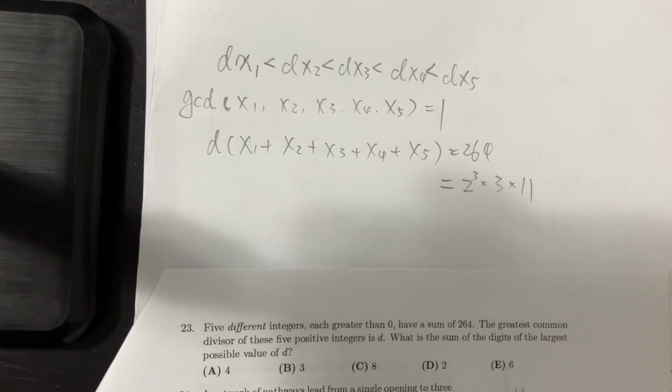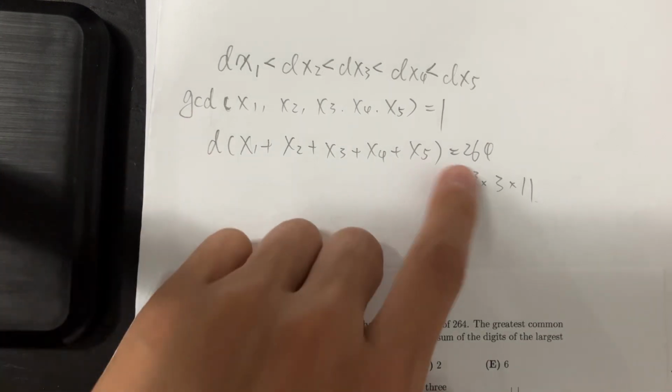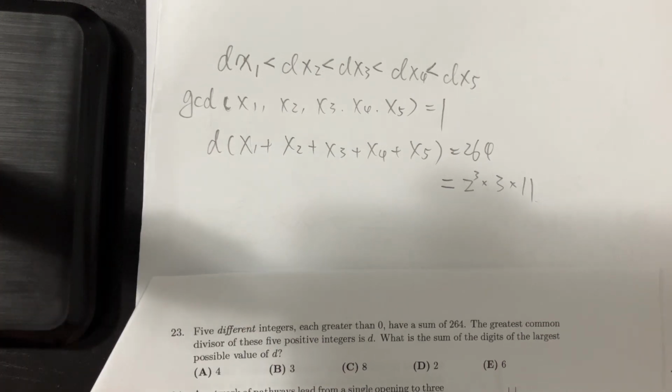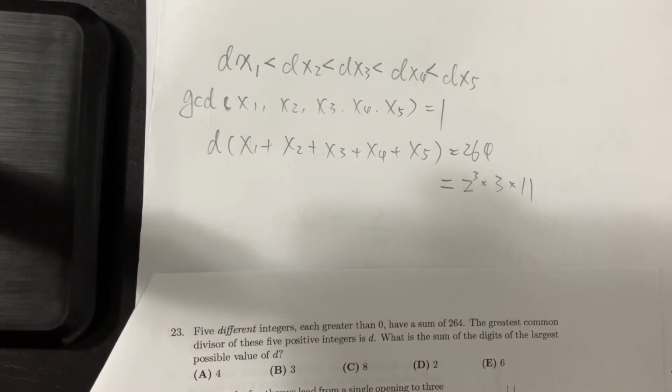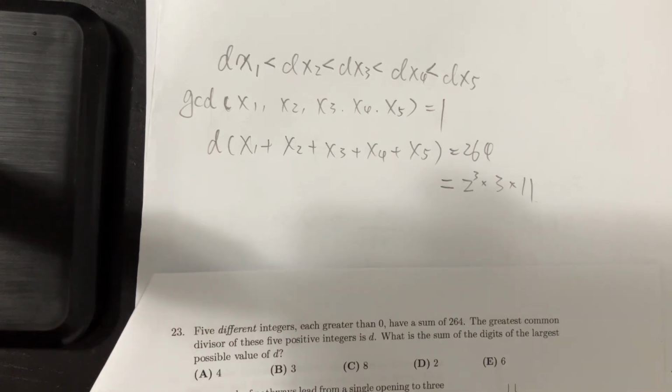Let's say d is 264 itself. In that case, d is very large, but that is not possible, because these 5 numbers cannot add up to 1. If d was 264, then these 5 numbers would add up to 1, and this is not real. So d has to go down a little bit.